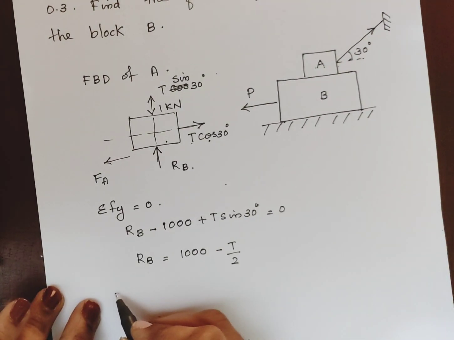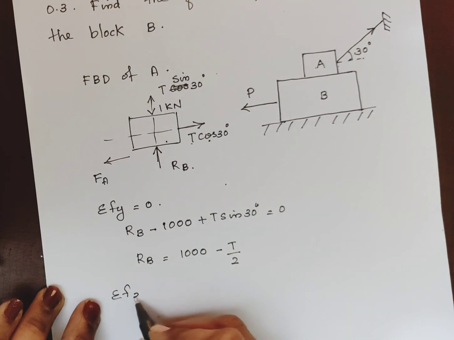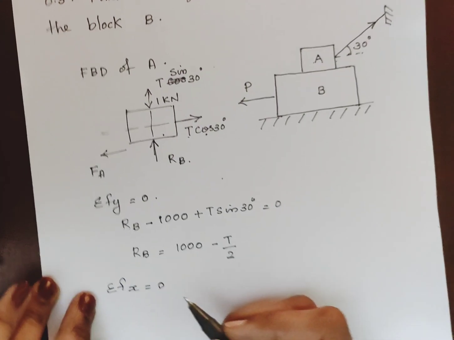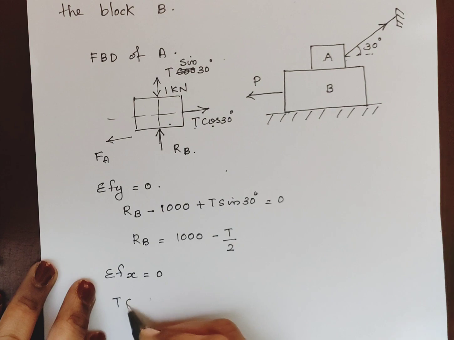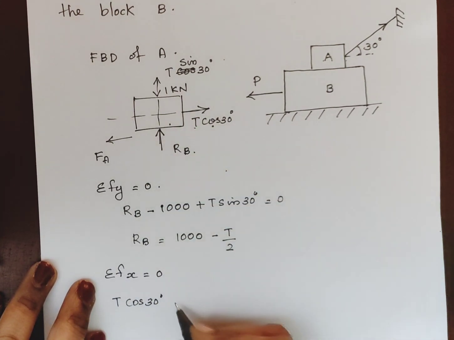So now the second equation is sigma Fx is equal to 0. So here T cos 30 minus Fa is equal to 0.